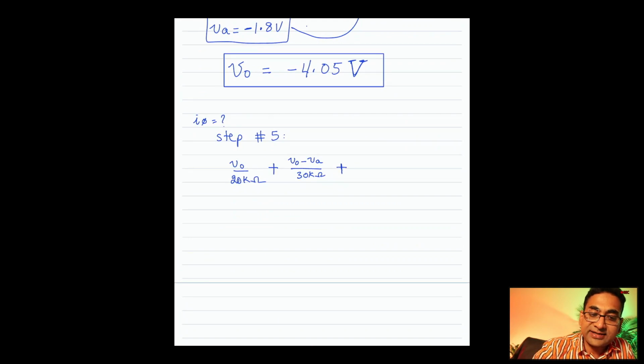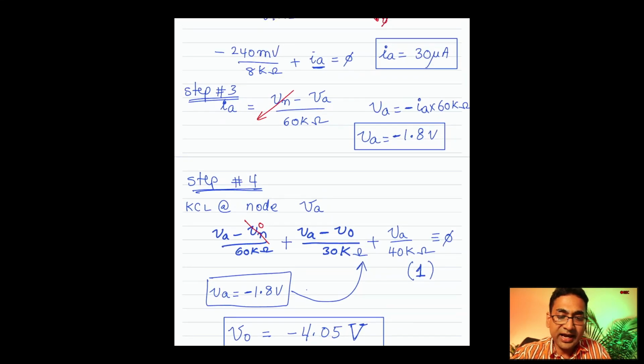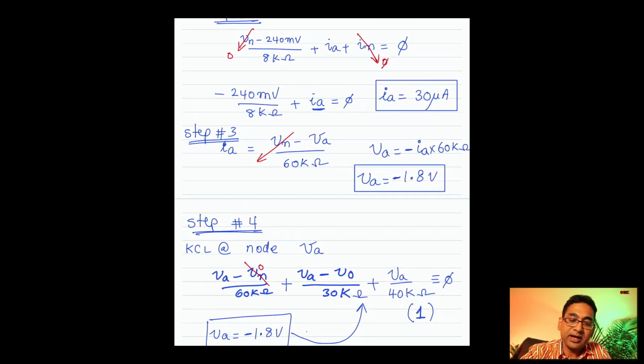Plus IO, all of that equals 0 because this is KCL at node V output.